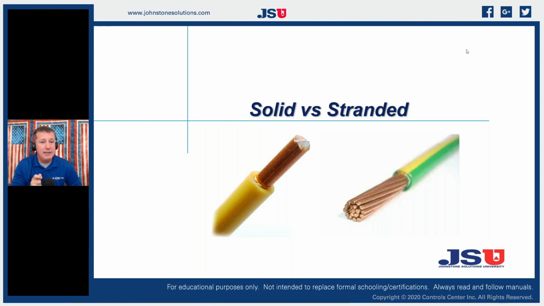You'll find in a lot of installation manuals, they actually specify for you to use a stranded wire over a solid wire. And so I want to talk about that today so we can get a better understanding of what the difference is between the two, because they're just copper wires, right? Well, yeah, they're copper wires, but they do have some differences. So let's dive into what makes those differences.